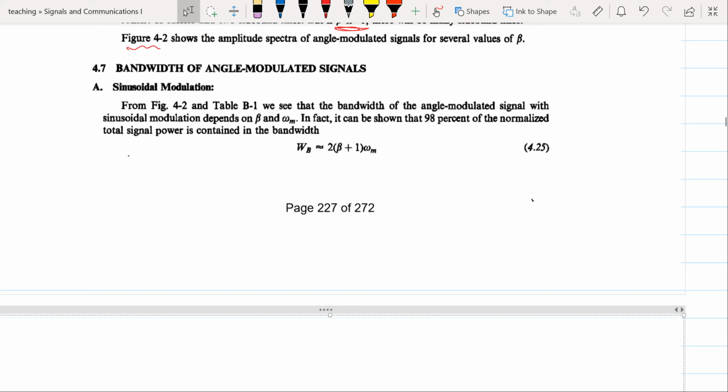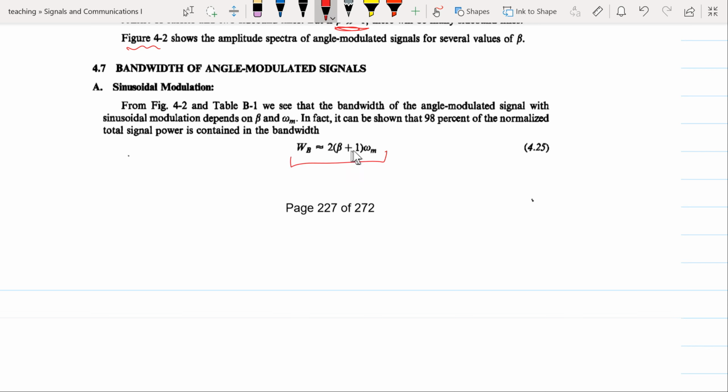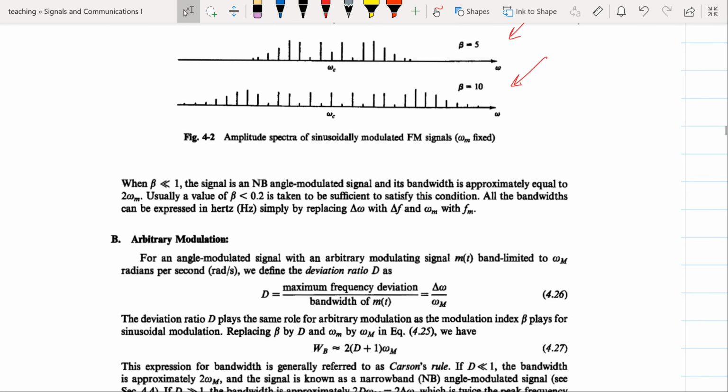What we see from that diagram is that it can be shown that 90% to 98% of the normalized total power is contained in the bandwidth, whereby the bandwidth is defined as 2 (beta plus 1) omega m. Therefore, for a narrowband case, when beta is far much less than 1, and we consider 0.2 to satisfy that condition, the bandwidth is estimated to be equal to 2 omega m.